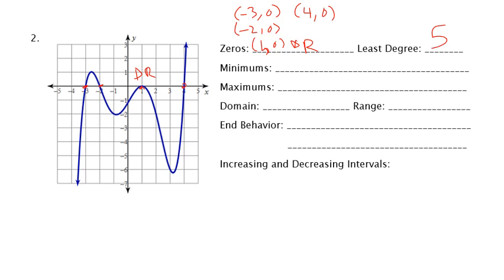When we talk about our minimums and maximums, I'm just going to list these out here. So our minimums, and I'm going to kind of estimate, I might say this is like a negative 0.5, negative 2. And I have another minimum at, what is that, about a negative, I'm going to say maybe 3.2.